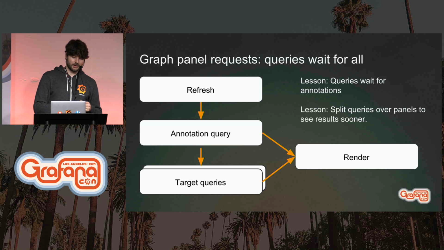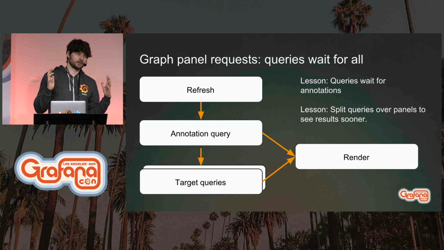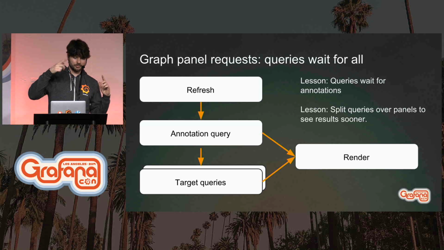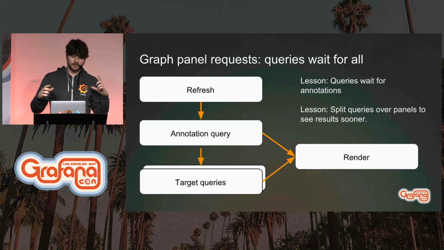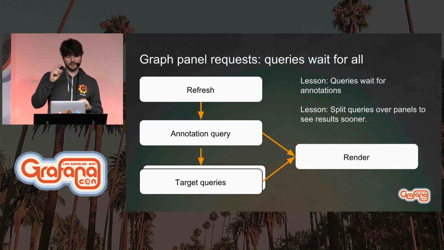And then a single panel would run all the queries in parallel. And then before it renders, it would wait for the annotation query and the target queries to return, right? So the lesson there is, if your annotations are expensive, then you're going to have a longer waiting time to see results rendered, right?